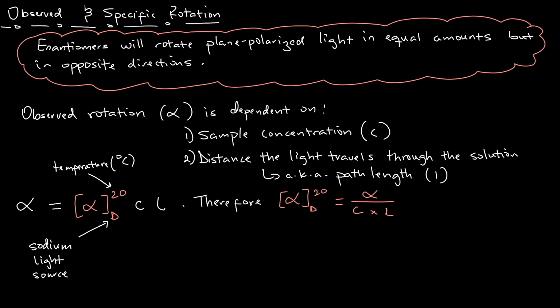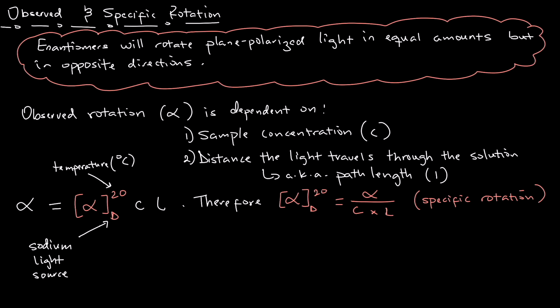So while alpha is called the observed rotation, which is dependent on sample concentration and the path length, alpha D20 is called the specific rotation, and that is independent of sample concentration and distance. We've been able to reduce both of those down to 1.